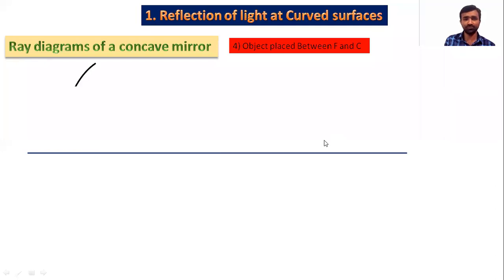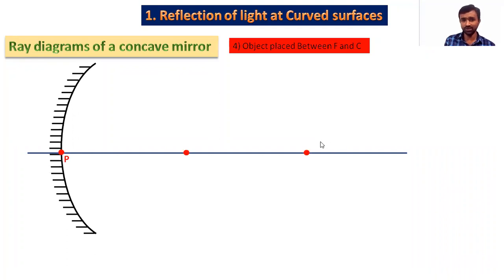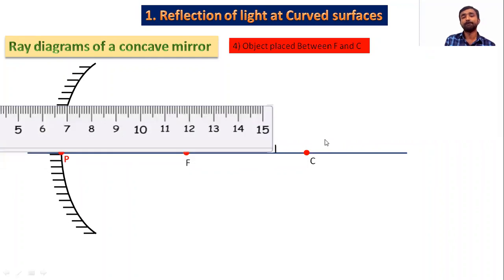The same process we follow: constructing the concave mirror using the same logic, identifying the pole, focus, and center of curvature, and showing the object between F and C, exactly the width of the scale. Draw the parallel light ray to meet the principal axis from the top of the object.